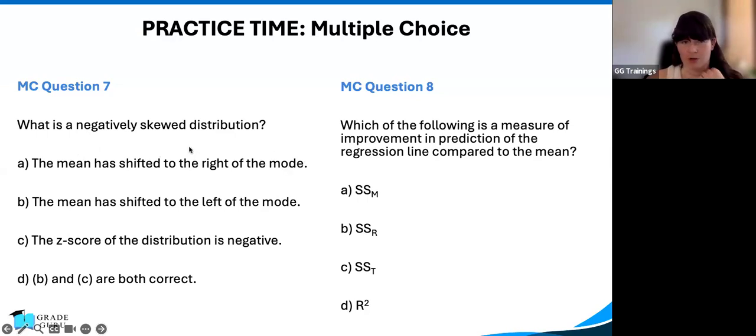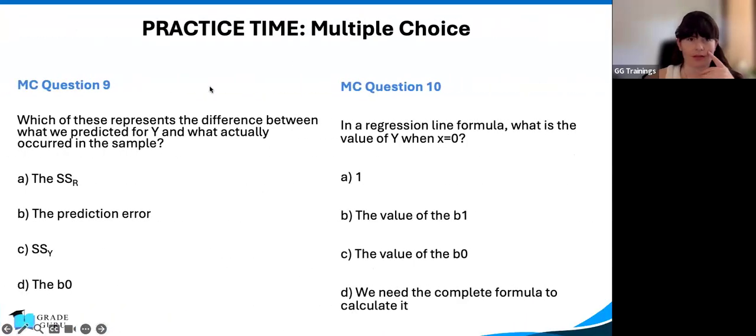Your SSM, your model sum of squares, does represent the improvement in prediction. Which of these represents the difference between what we predicted for Y and what actually occurred in the sample? Very nice. Prediction error, that is correct. It is B.